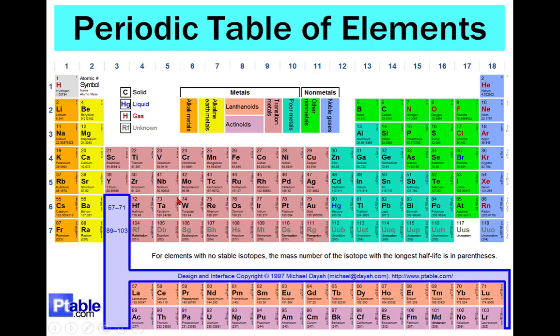So transition elements are also divided into two categories: outer transition elements and inner transition elements. This portion, which you have a little bit pinkish, are called outer transition elements or normal transition elements, and this portion which you see here are called inner transition elements.